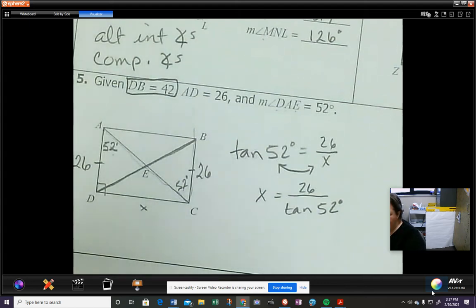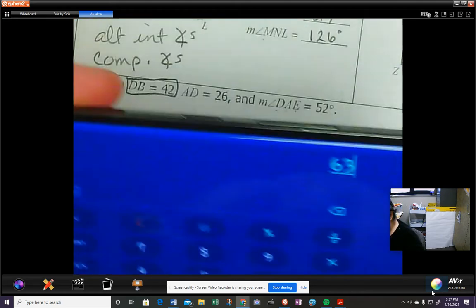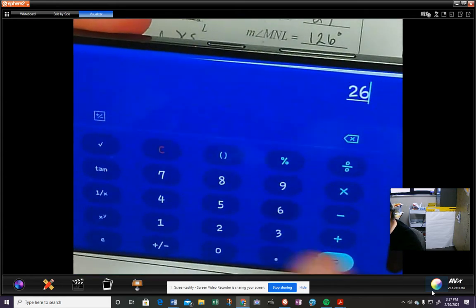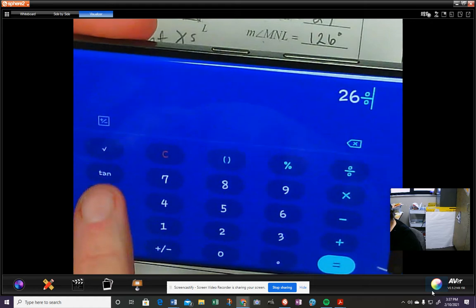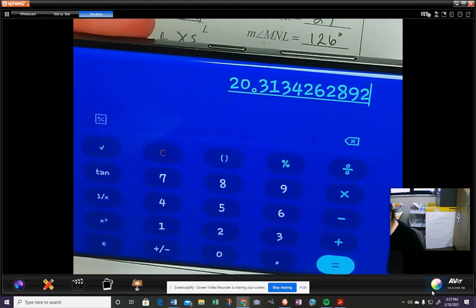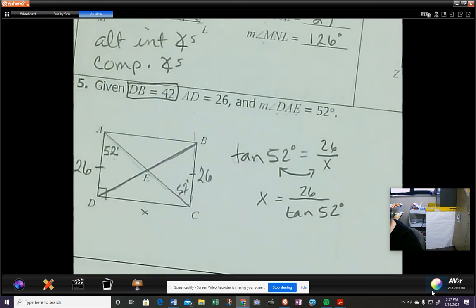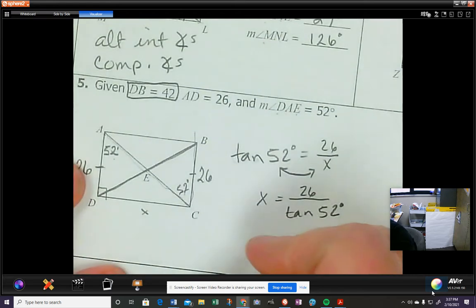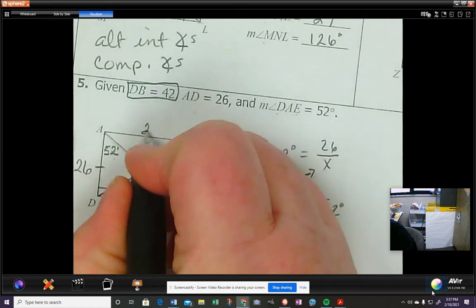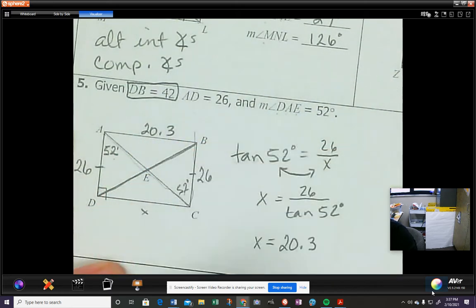Go to our little calculator. So we're going to do 26 divided by tangent of 52, which is 20.3. So x equals 20.3. So AB is 20.3.